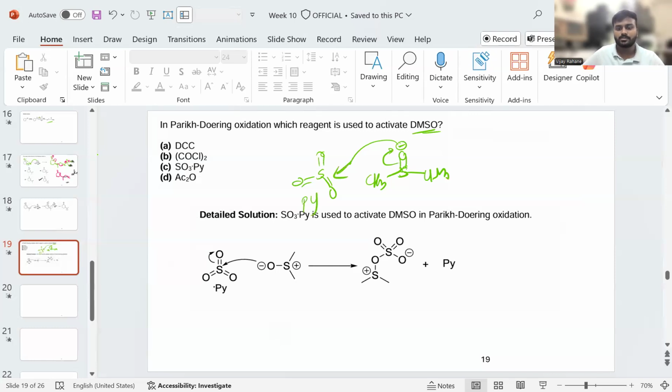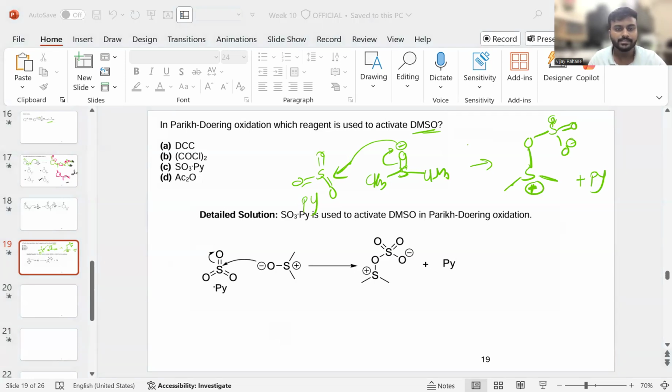So it gives the formation of O, S double bond O, double bond O. That's the part from the SO3, and here it will now be S positive and pyridine as a counter anion. This one is the active species in this Parikh-Doering oxidation. So SO3 pyridine is the reagent used to activate DMSO.